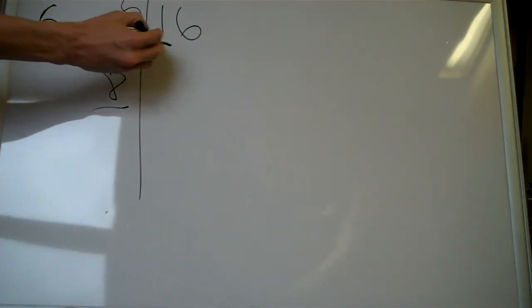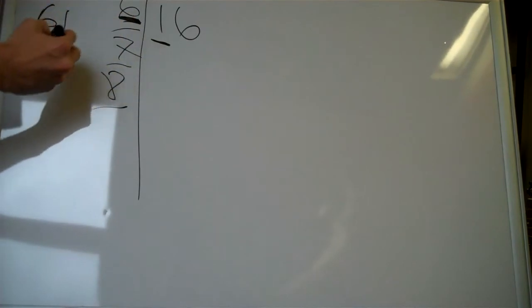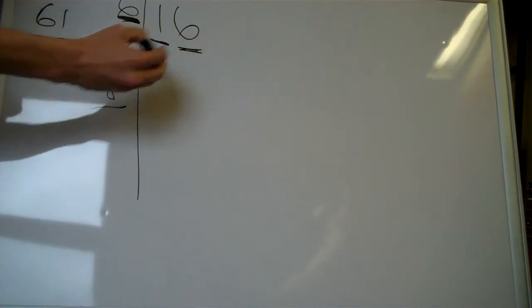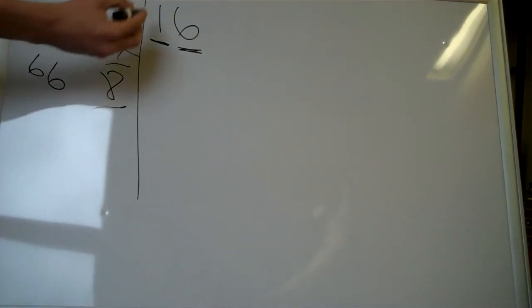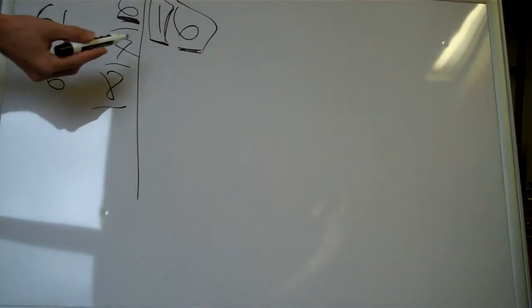So this would represent 6 in the tens place and a 1 in the ones place, so 61. That would be your number. I forgot what these things are called, but that's essentially how you read it.